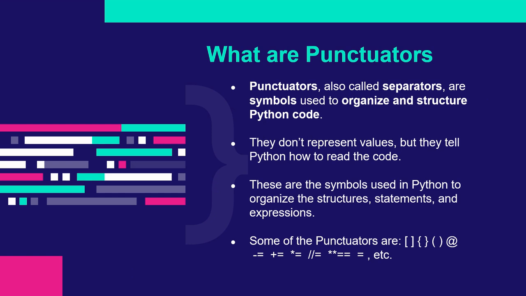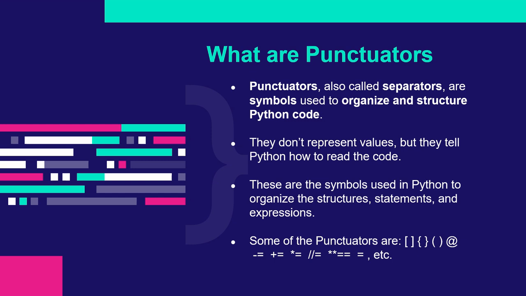Now let's learn about punctuators. Punctuators are also called separators, and these are the special symbols used to organize and structure your Python code. Unlike variables or values, punctuators don't hold any data. Instead, they tell Python how to read and interpret the code. They help in organizing the structure, controlling the flow of the program, and clearly marking the start and end of blocks or expressions.